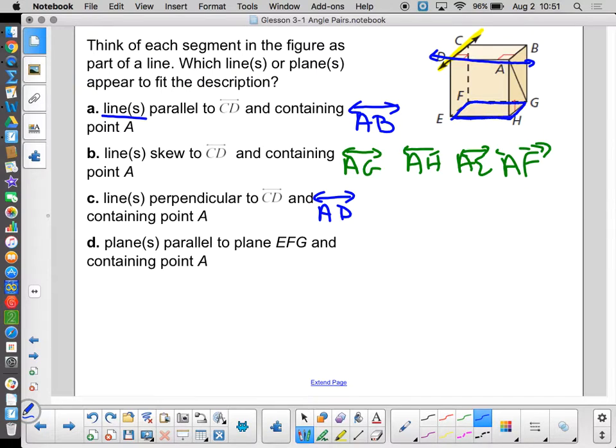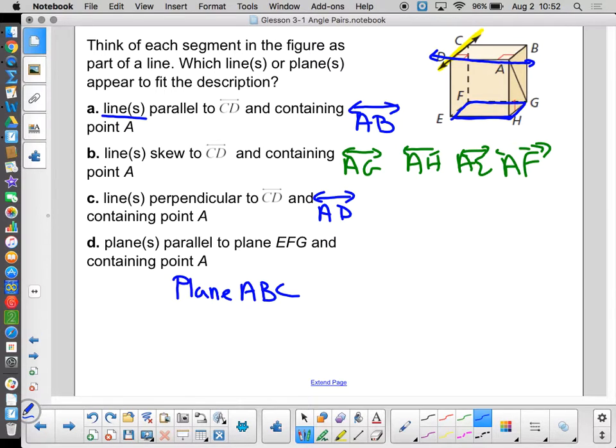Okay, that's the bottom plane. So containing point A, the parallel plane would be the top plane of the box. And again, so I could say plane, and I need 3 letters, 3 points that are not all in the same line in that plane. So I'll go with ABC. I could go ABD, ACD, however you like. Any of those would work.